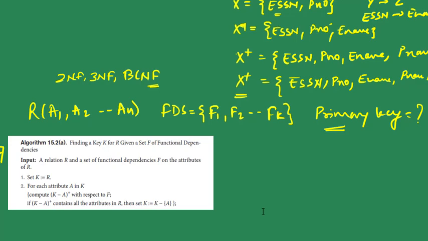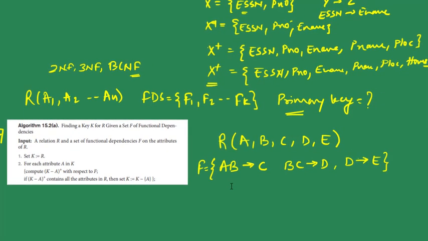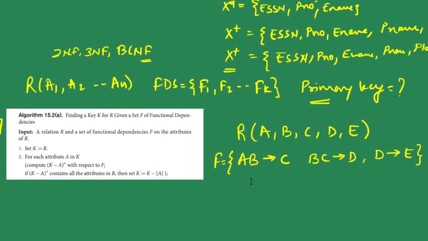Okay, so let me take one example here. Let us assume that your R has the following attributes A, comma B, comma C, comma D, comma E. And we are given a set of functional dependencies like F equal to AB arrow C, then BC arrow D, and D arrow E. Okay, and we don't know whether this relation is in a certain normal form or not, like 2NF or 3NF or BCNF.